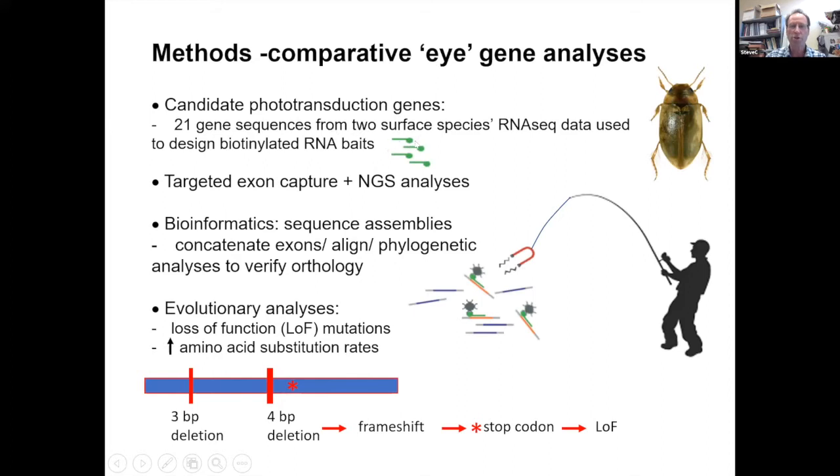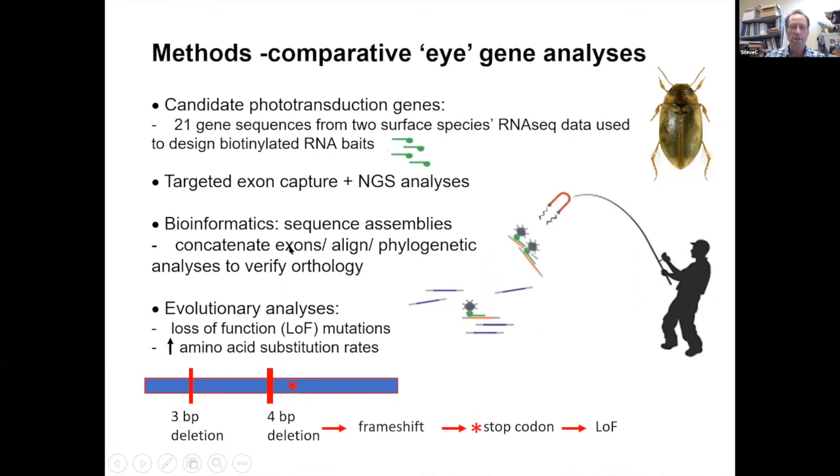Now, these can be used to design biotinylated RNA baits, and then through targeted exon capture, shown here, the baits hybridize to their region of complementarity, attach to streptavidin-coated magnetic beads, and then you can fish out the sequences using a magnet, purify them away, and sequence them on an Illumina platform.